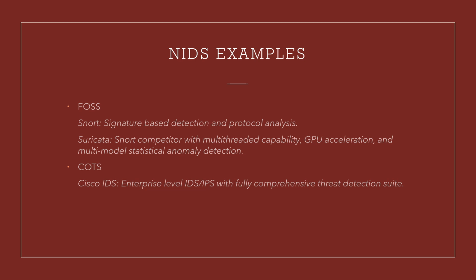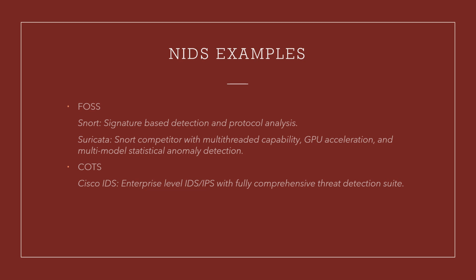FOSS examples of network intrusion detection systems are Snort, which uses signature-based detection and protocol analysis. Another example is Suricata. This is a competitor of Snort, but has a lot more modern features like multi-threaded capability, GPU acceleration, and also multimodal statistical anomaly detection, which is basically just a big phrase for saying, wait, that's not intended behavior, based on a lot of models.